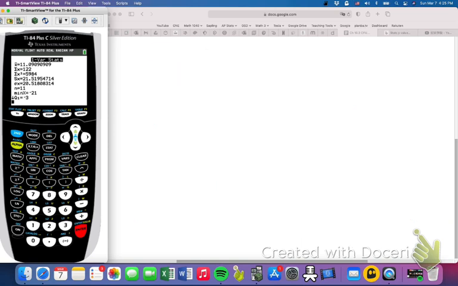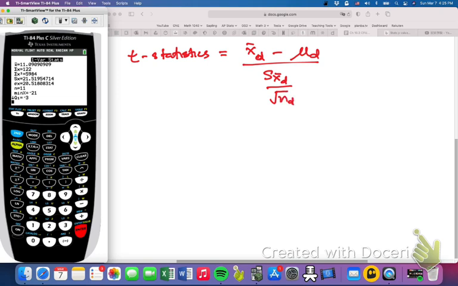Right. So in the do part, we want to find the t statistic, and that is equal to the sample mean x̄_D minus μ_D, divided by s_D divided by the square root of n_D, the sample size of the difference, which in this case is 11.